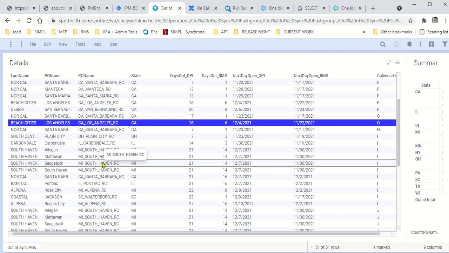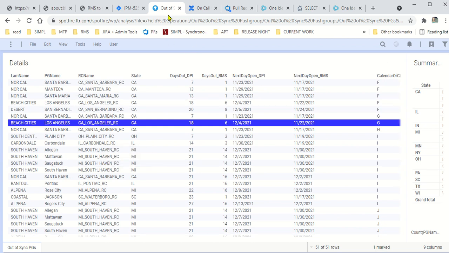I guess we've looked at Carbondale and we looked at beach cities.